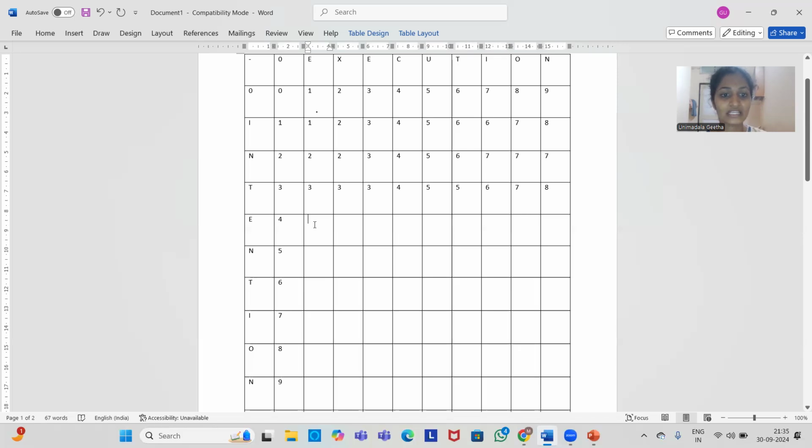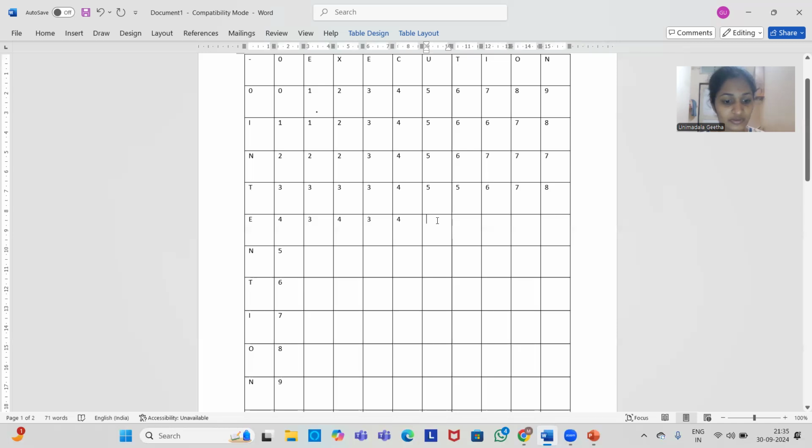Now compare E and E. E and E are the same elements, so the number will be 3 here. E and X, the number will be 4. E and E are the same letters, so we perform the operation. Then the number will become 3. E and C, the number will be 4.